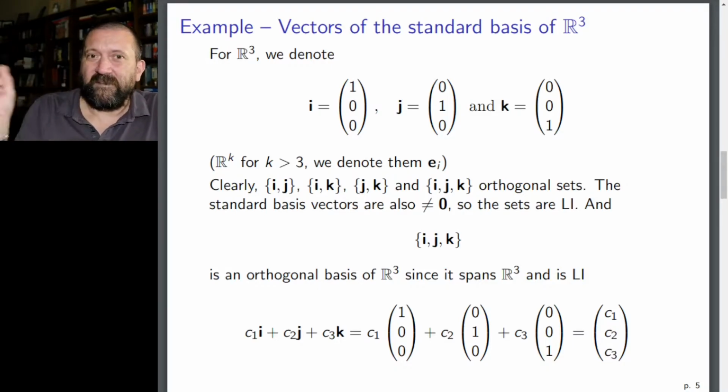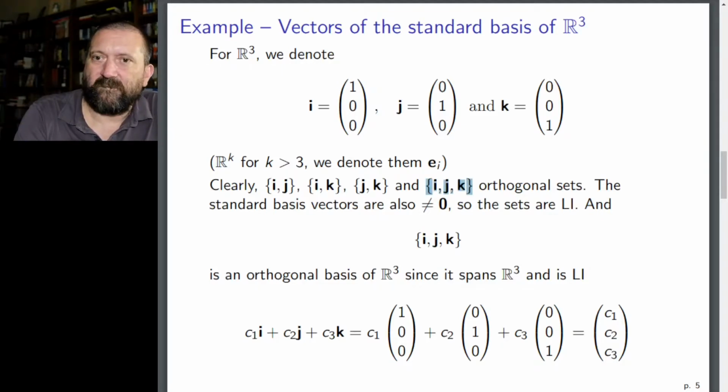Now, if I take any two of these vectors together, and even the three of them together, I have orthogonal sets. This is easy. If you take the dot product of this vector, for instance, i with j, what I end up doing is the product of 1 and 0 plus the product of 0 and 1 plus the product of 0 and 0.